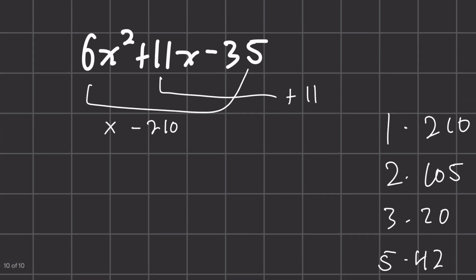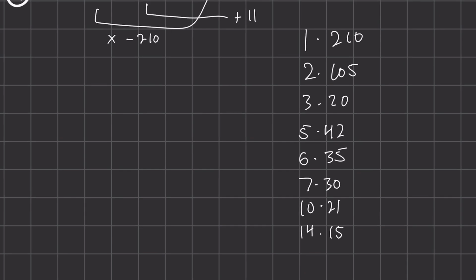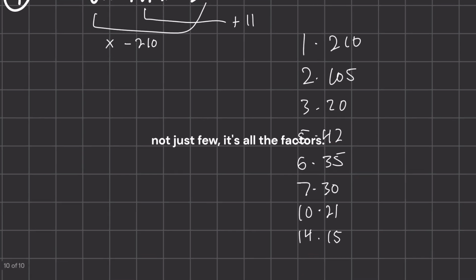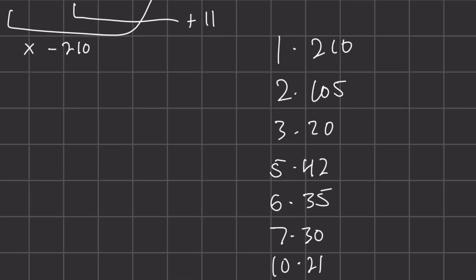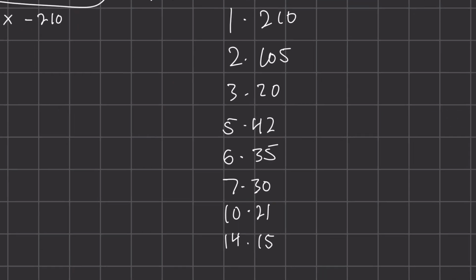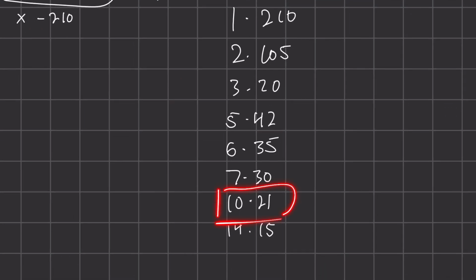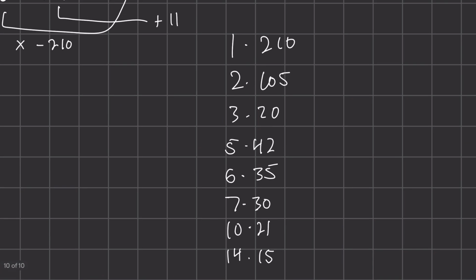So here I actually already prepared a list of a few factor pairs for 210, and we can play around with the signs. We know that for every single one of these, one of them is going to have to be a negative, because we want negative 210. And if you go through these factor pairs, you look at this one. We want to add to 11.